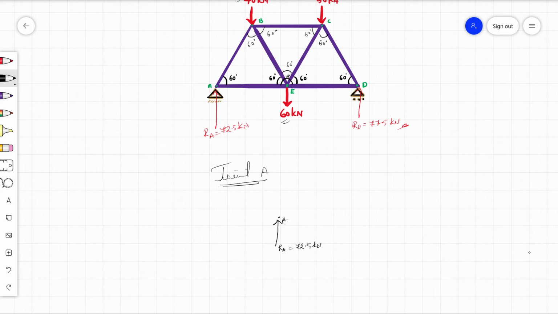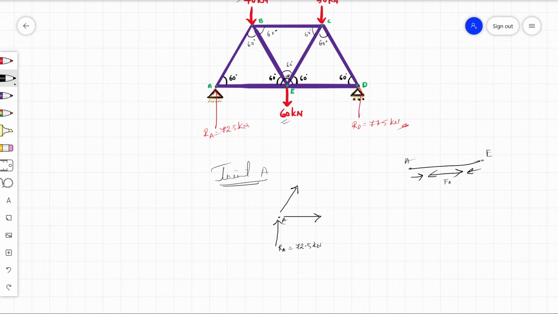What else is there? One more thing: for member AE we assumed everything is in tension, right? That means every member undergoes tension. That is point A, point E. To counter that, from the joint you will have a resistant internal force.